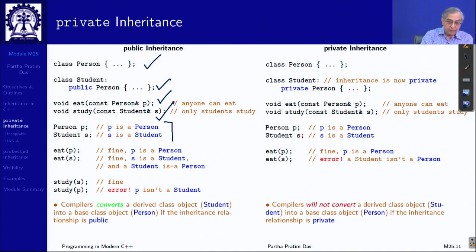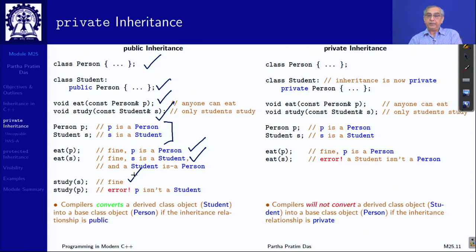I make objects of both of these classes. Eat can take the person, it can also take the student S, because a student also eats. That is what this means concept wise.